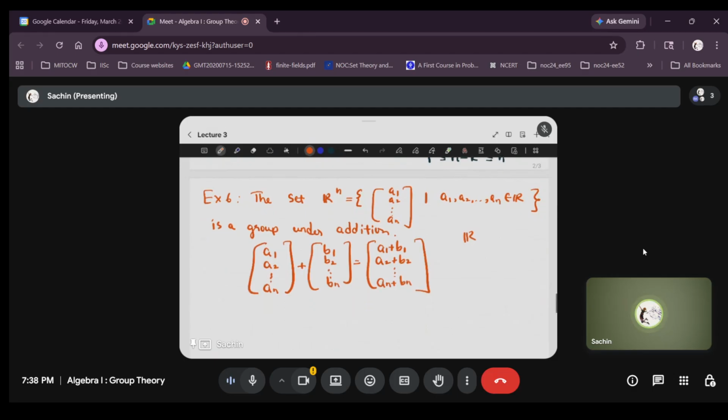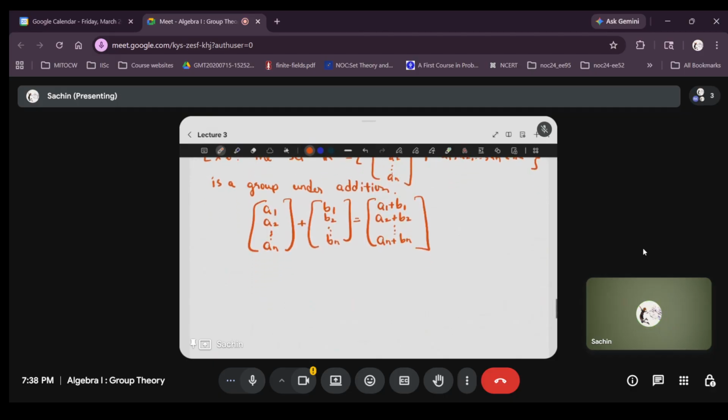If you define addition to be component wise, then since ai and bi are real numbers, and R is a group under this addition in R, real numbers, ai plus bi is also a real number.